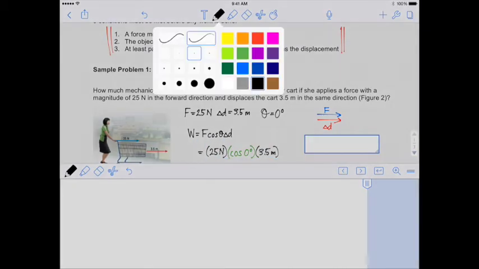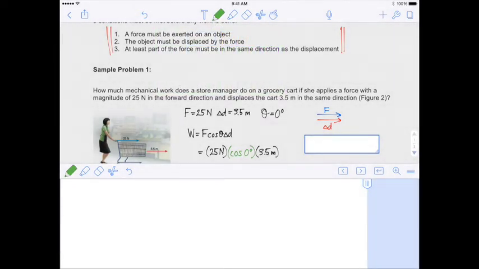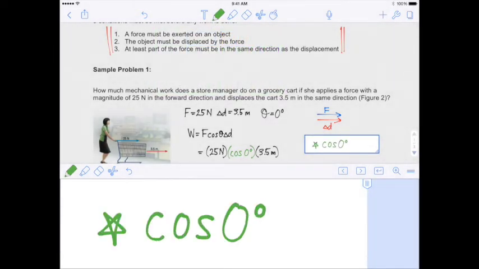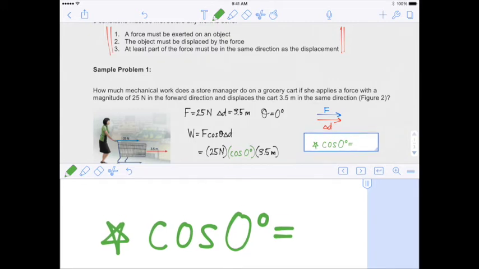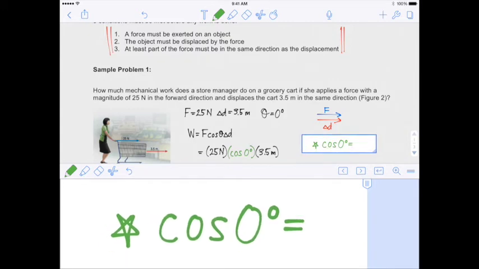I want us to take a look at the cos of 0 degrees, and I want us to remember this. If we punch this into our calculator, we get the cos of 0 degrees is 1. And this is the case all the time.